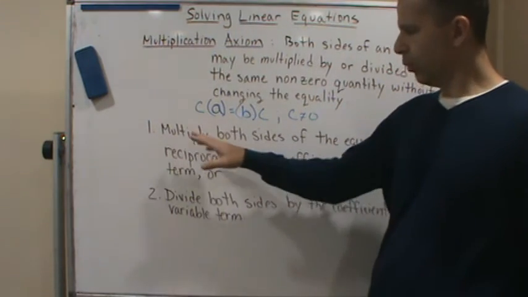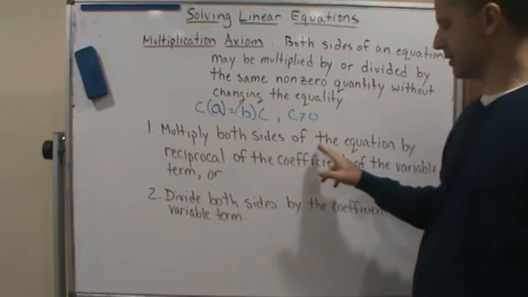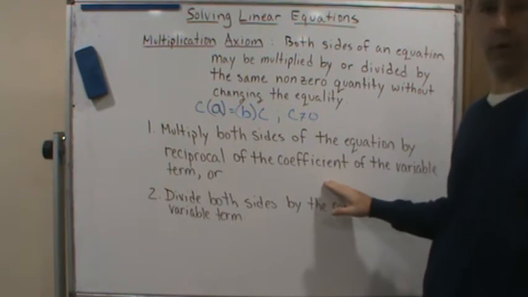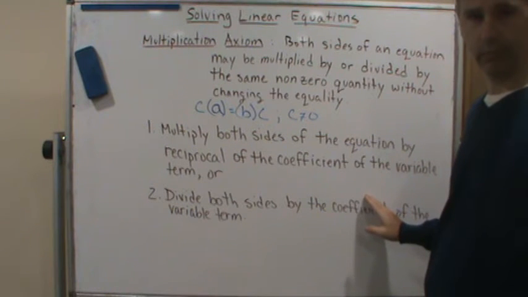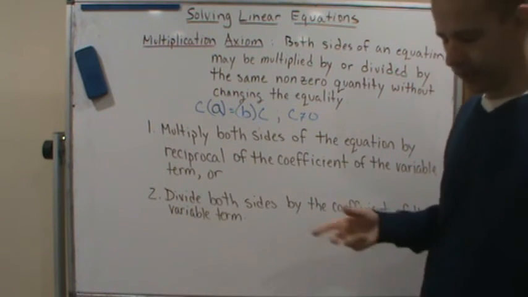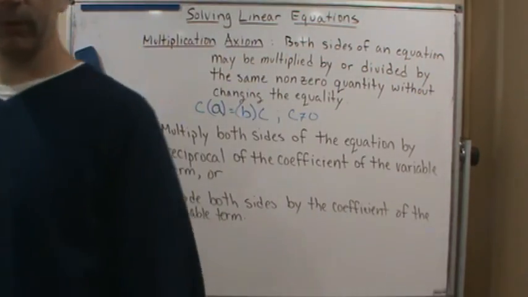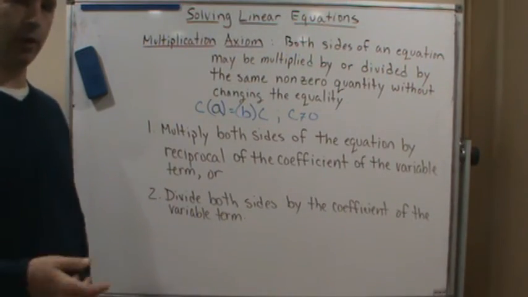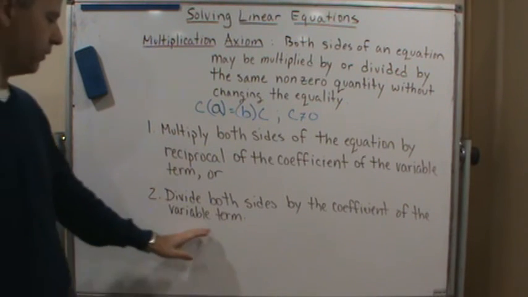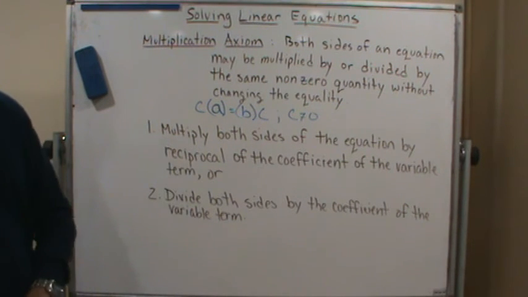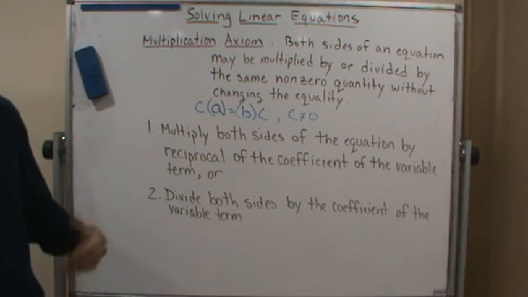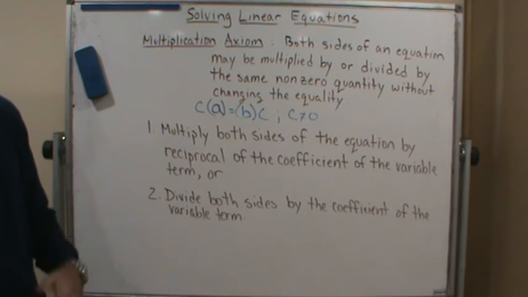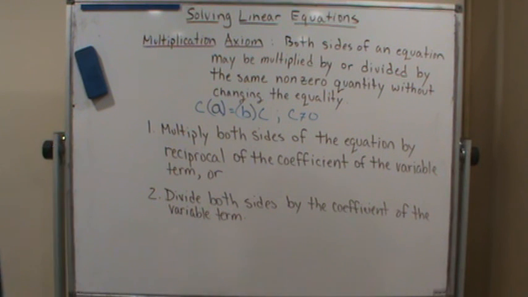Well, one way is to multiply both sides of the equation by the reciprocal of the coefficient of the variable term. Or we can divide both sides by the coefficient of the variable term. Either way will work. One way might be easier than the other depending on what you're given, but either way will work. So let's demonstrate in some examples.